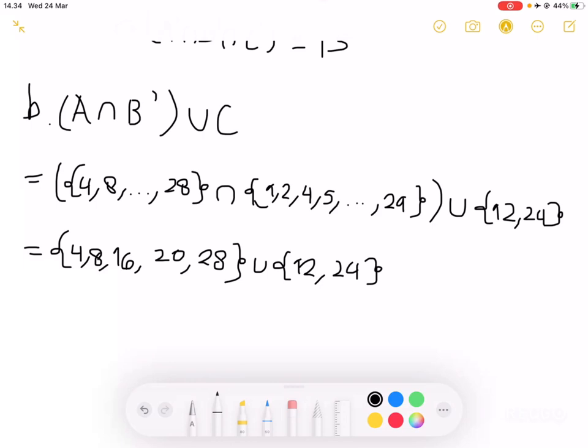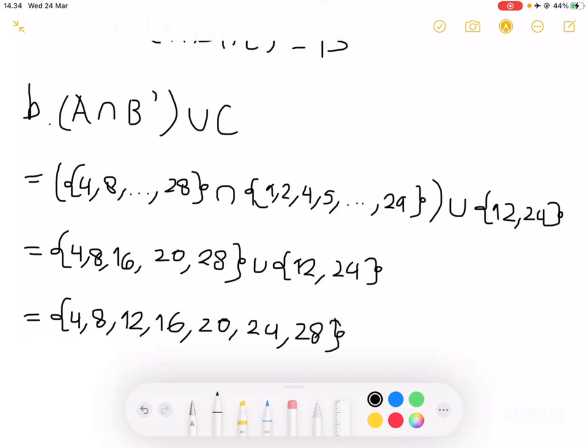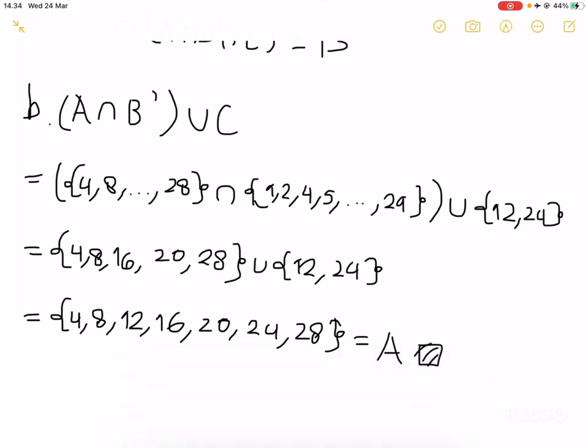And this thing will be 4, 8, 12, which will also be included here, 16, 20, 24 will also be included here, and 28. And notice that this is the set of all multiples of 4 between 1 and 30, which is exactly the definition of set A. So we have proven this claim.